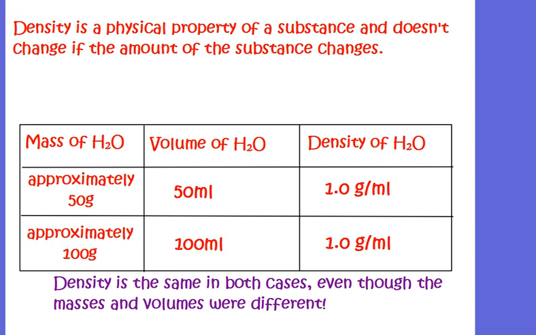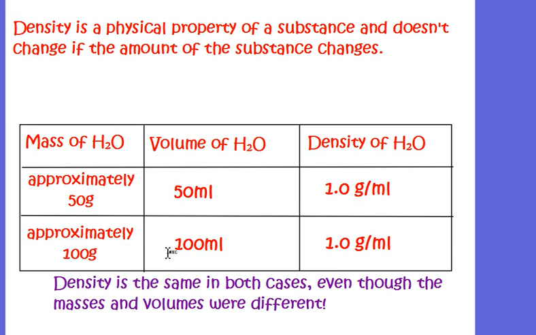Okay, so density is a physical property of a substance and doesn't change if the amount of the substance changes. You can have a large amount of the substance and you can break off a little piece of that substance, whatever it is, the densities will still be the same. For example, if we took the mass of 50 milliliters of water, it should be right around 50 grams. 50 grams divided by 50 milliliters, 1 gram per milliliter.